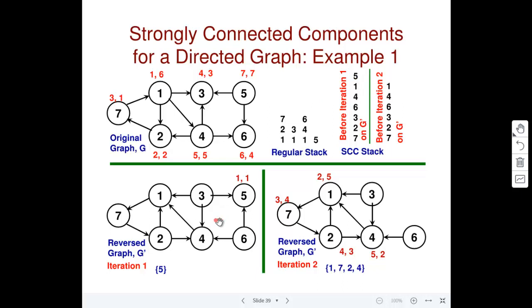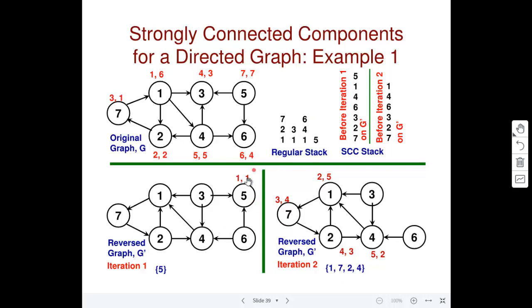Now we may not again be able to visit all the vertices in this reverse graph in one instance of depth first search. So we'll start from the vertex that is on the top of the stack and see how far we can go. And if you're not able to visit all the vertices, you'll run another instance or a few more instances of depth first search on the reverse graph. We all know that in a directed graph we may be required to run more than one instance of depth first search if all the vertices are not reachable in one instance.